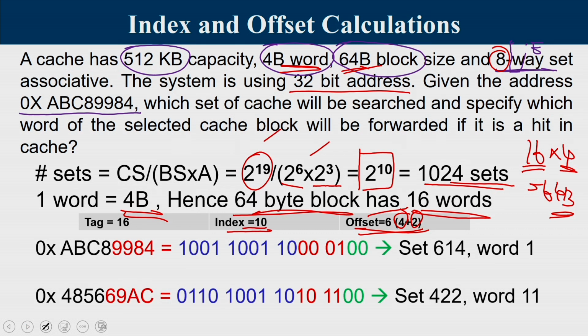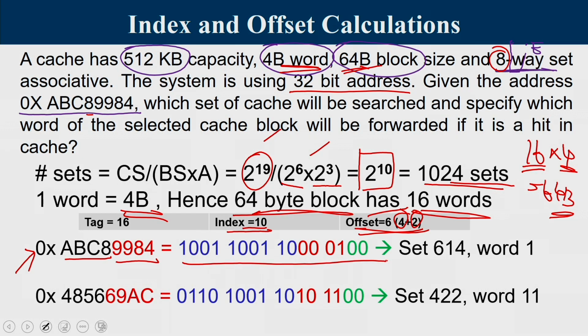Now, what we are asking is for the given address 0xabc89984, that is the address that has been given here. This address I have to split into 16, 10 and 6 bits. The black portion indicates it is the tag. The remaining 9984, that is a 16-bit value since this is a hexadecimal representation, I am going to write as a binary value.